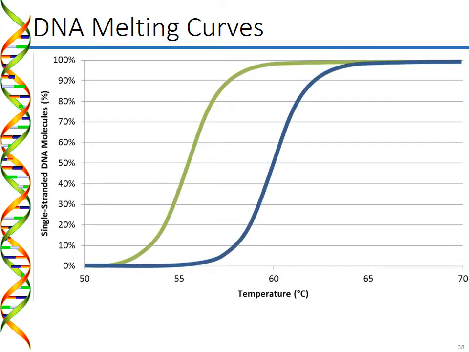Here we see the DNA melting curve that we were discussing previously in blue, with its Tm at 60 degrees. And we also have on this same graph a second DNA melting curve shown in green.